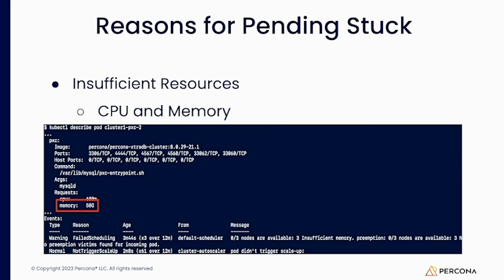And at the bottom of the events, you can find the actual issue: warning, FailedScheduling, and you can see there insufficient memory. This means that the worker node does not have enough memory to schedule this particular pod, right?